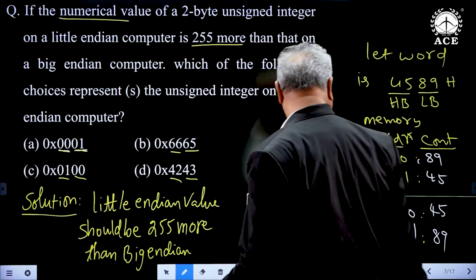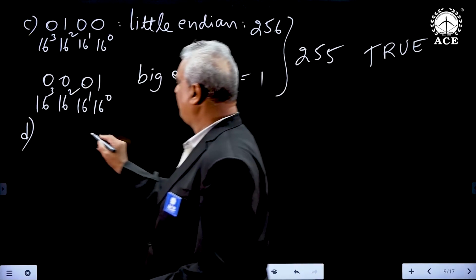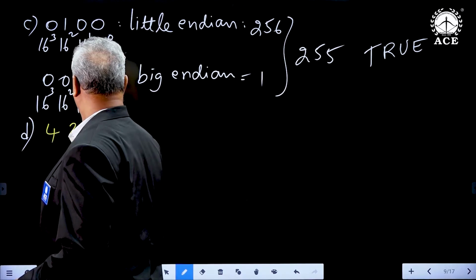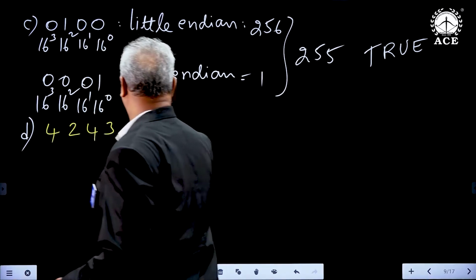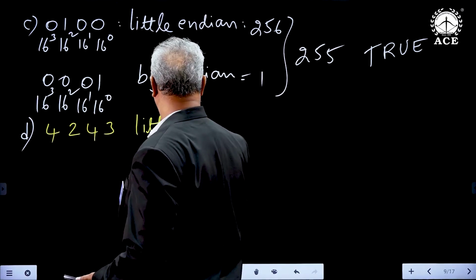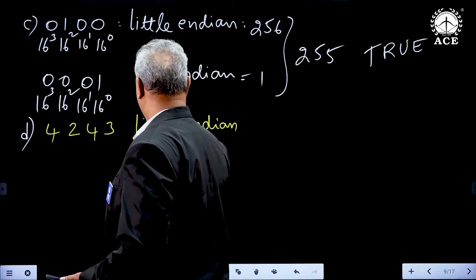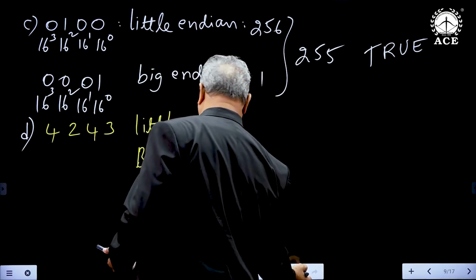4, 2, 4, 3. It belongs to little endian. What about big endian?